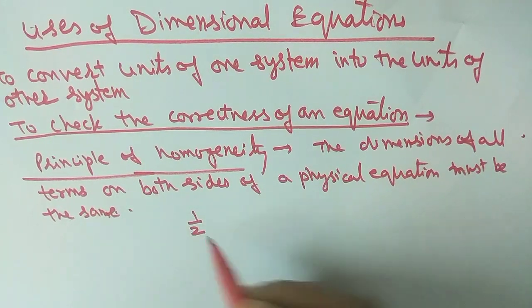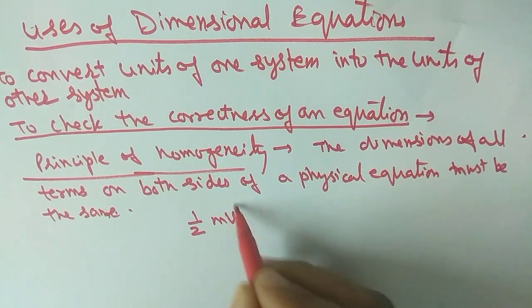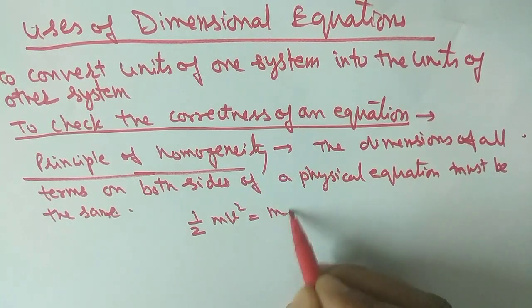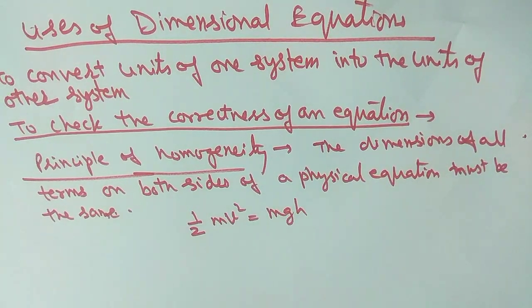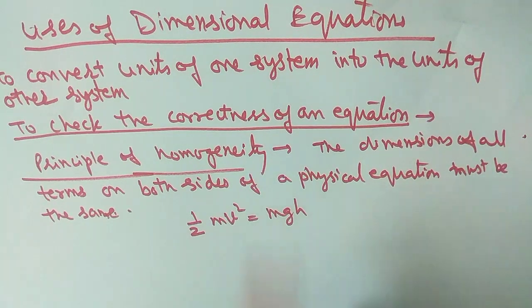If I take the equation half mv square, kinetic energy, is equal to potential energy at its highest point, mgh. If we write the dimension formula of both, what will happen?